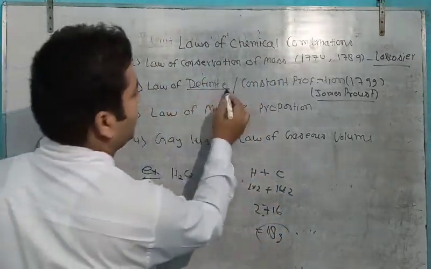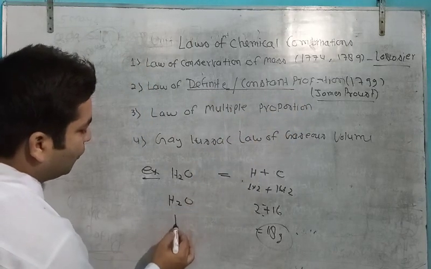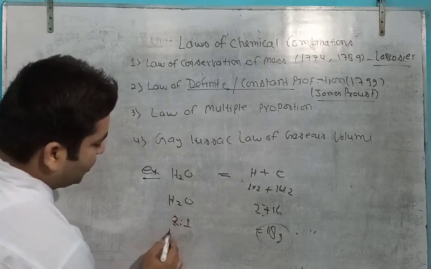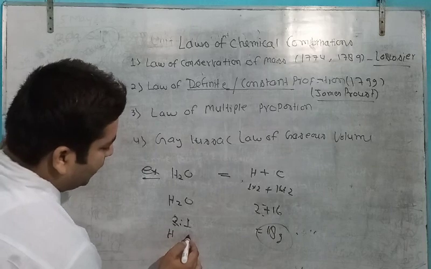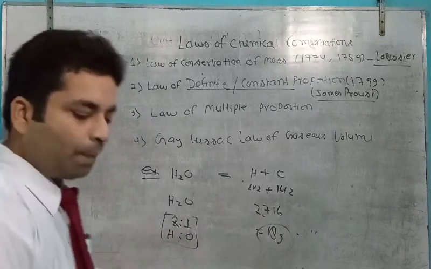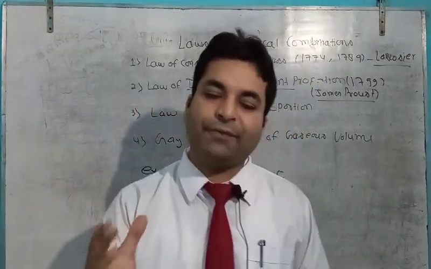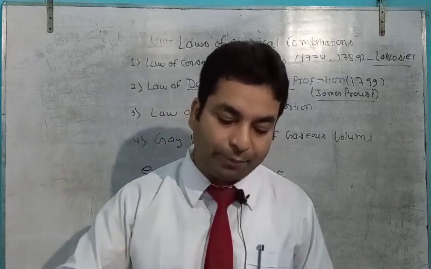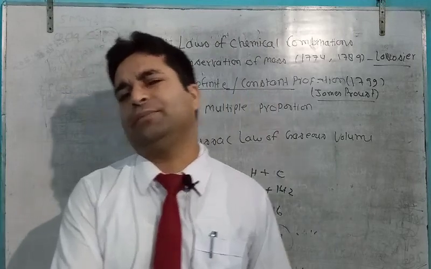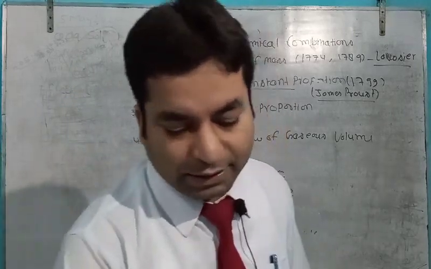The law of definite or constant proportions means the ratio will be 2:1, 2 atoms of hydrogen and 1 atom of oxygen. So this law says that the compound has a fixed composition and it doesn't depend upon the method of its preparation, whether the water is formed from a natural source or formed from hydrogen and oxygen in a laboratory. The compound formula will remain the same.